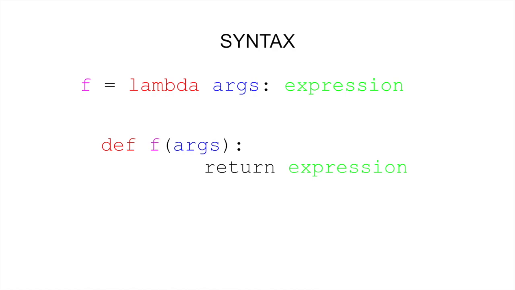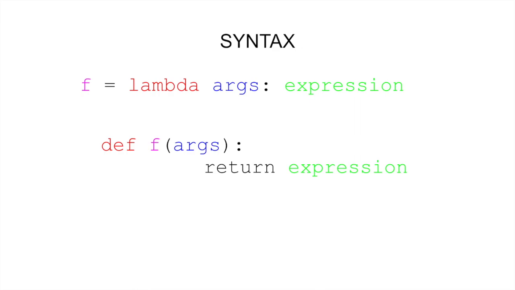In the def statement, our arguments are defined within the parentheses coming immediately after the function's name. The equivalent in the lambda expression is what comes after the word lambda. This can be any number of arguments. Oftentimes we use one or two, but it could go up to many more, just as in the def statement.